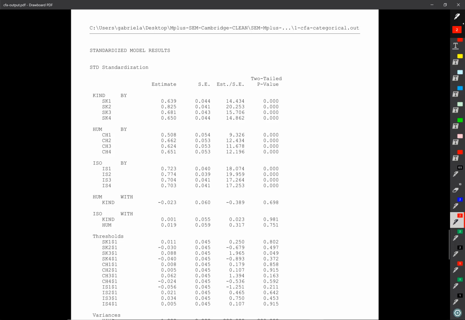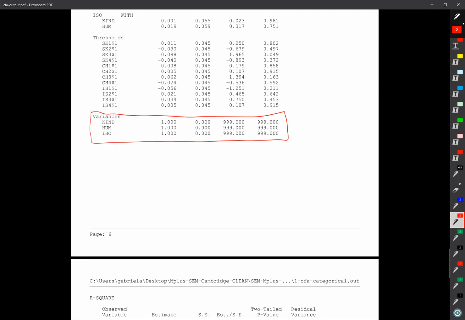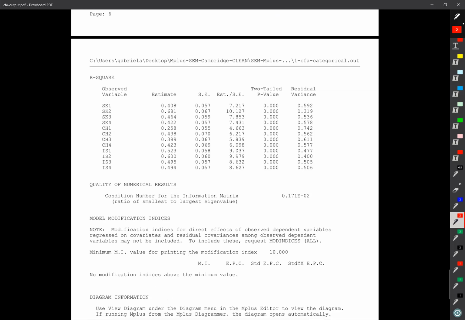That makes a lot of sense because the factors are continuous variables, and so they do have a variance, whereas the items are categorical. In fact, they are binary, so they don't actually have a variance in that sense. A small thing to notice here is that in the standardized results, the variances of the factors are fixed to be 1.